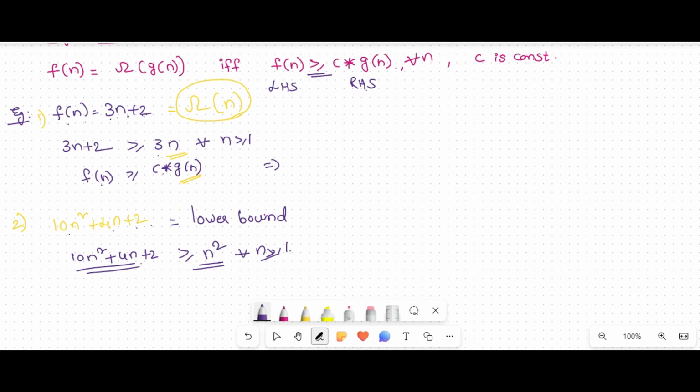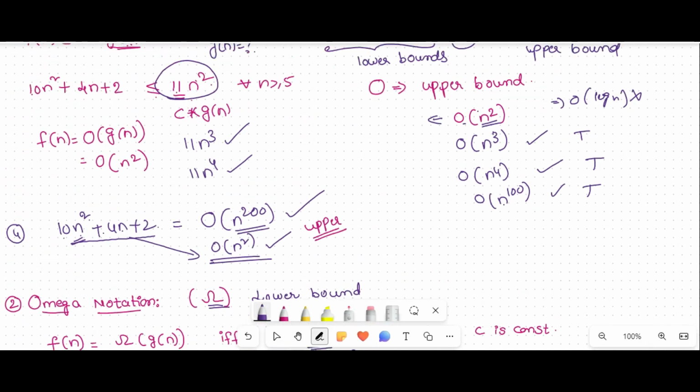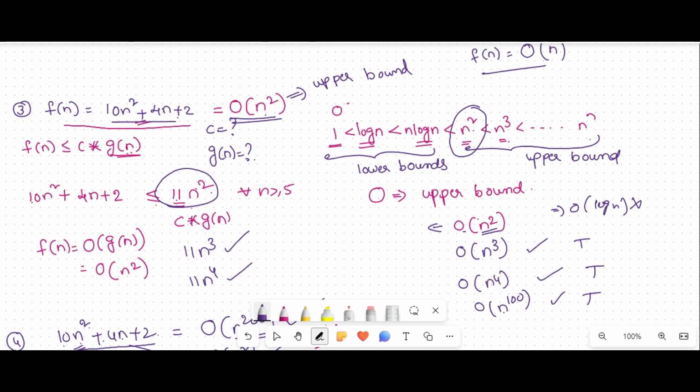So what is the lower bound for this? The lower bound is omega of n square. See, here for this n square, all these are lower bounds, all these are upper bounds. Here we will get 2 power n also.